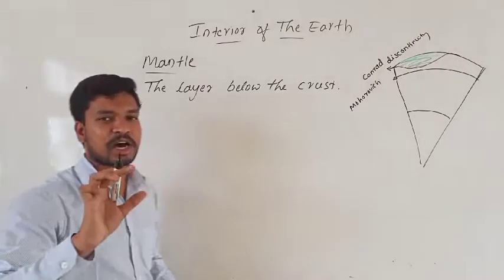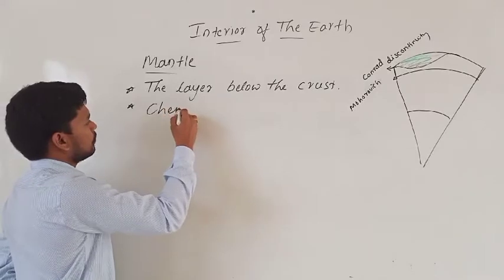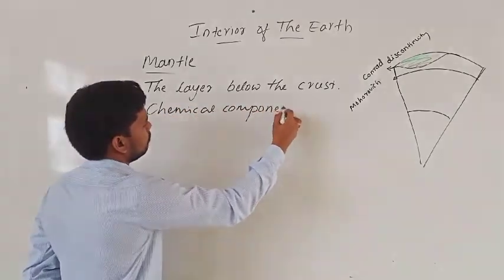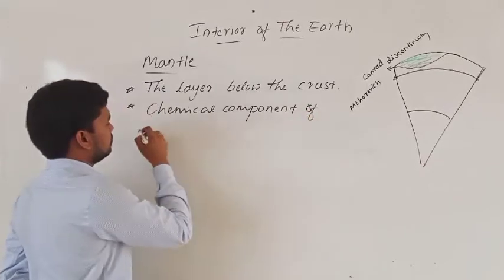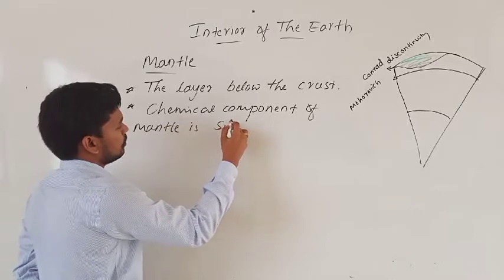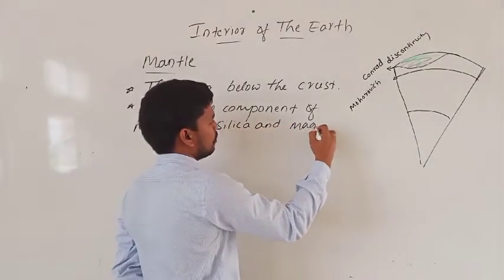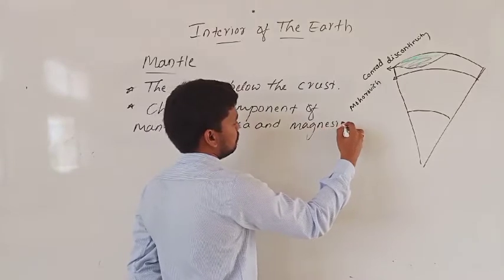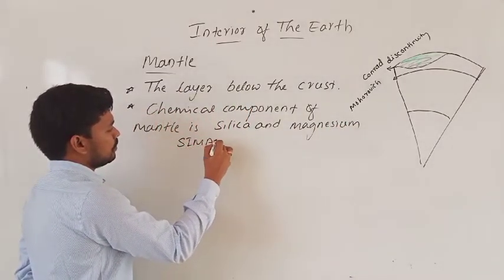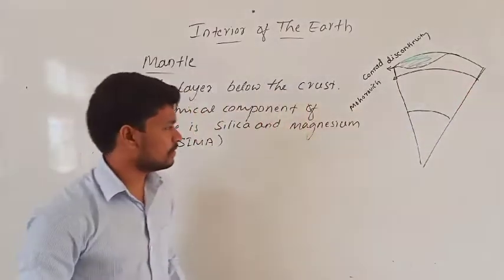The chemical component of mantle is silica and magnesium. It's called sima, both the continental crust and this mantle.